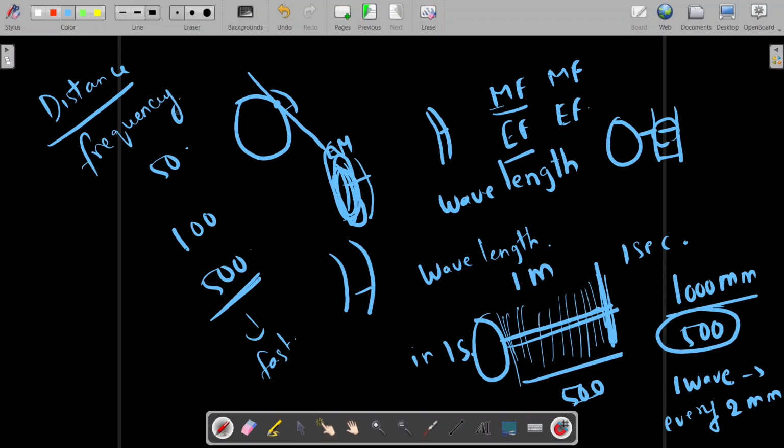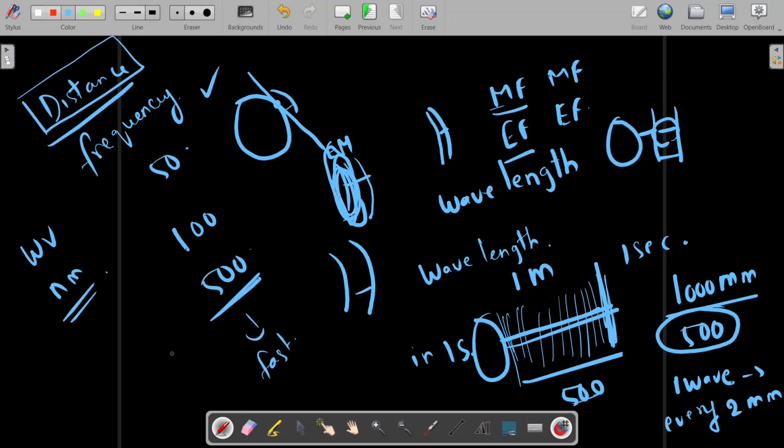How many waves are there here? Its frequency. This is the distance covered divided by frequency, providing its wavelength. Here we have taken millimeters, right? But actually the wavelength will be a much smaller value, that is in nanometers.